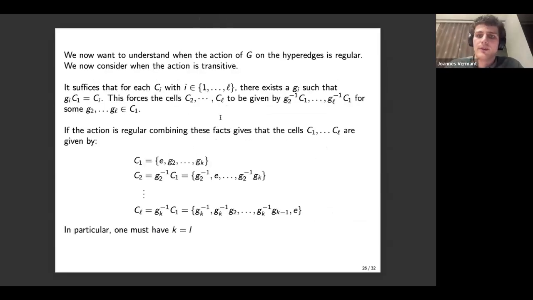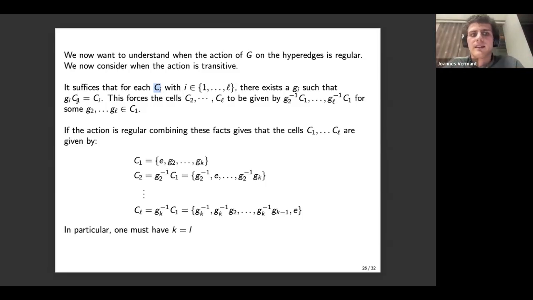And then we also want to consider when it's transitive. Well, it then suffices to check that for any of the two cells in the partition, there exists some element Gi such that Gi times C1 is equal to Ci.